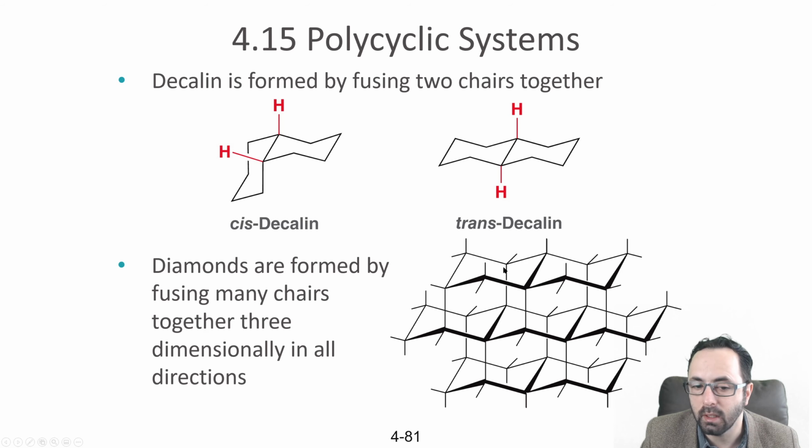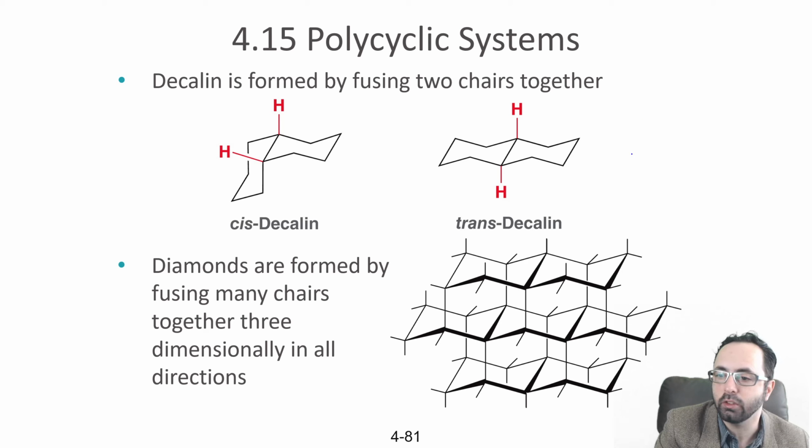These are important molecules as well. You get lots of multi-ring type of molecules in biology. For example, steroids. Steroids are generally formed from a cyclohexane that is attached to another cyclohexane.